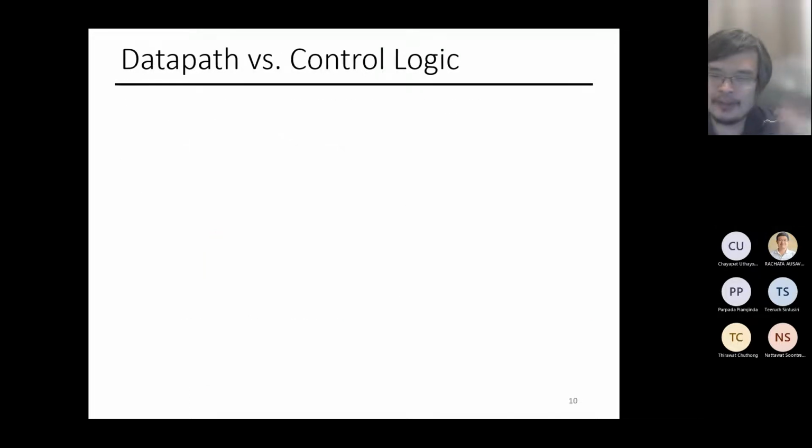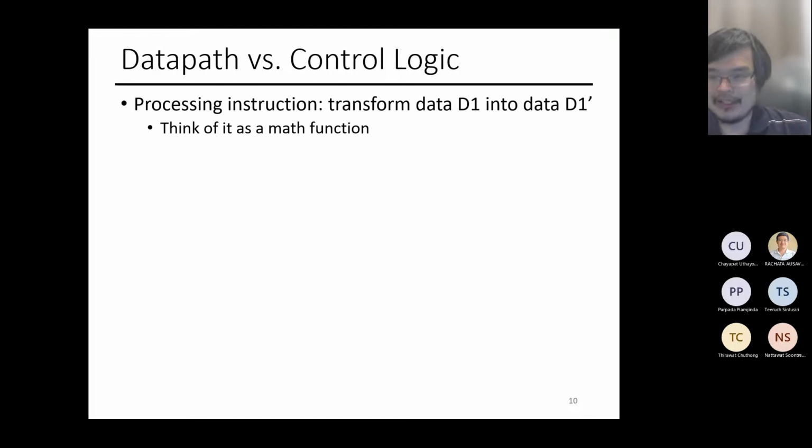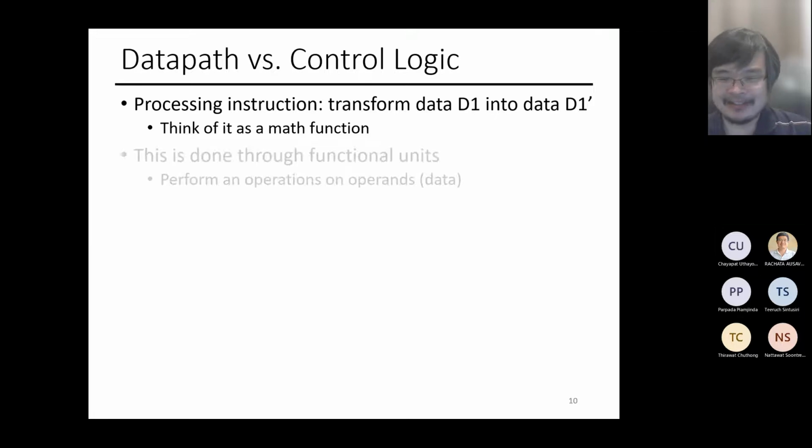And we talk about this thing called datapath and control logic. Datapath is the circuitry that allows you to process the data from D1 to D1 prime. Let's say you add, the data get added, right? The datapath would be the adder, the wiring that goes into the adder and things like that, right?